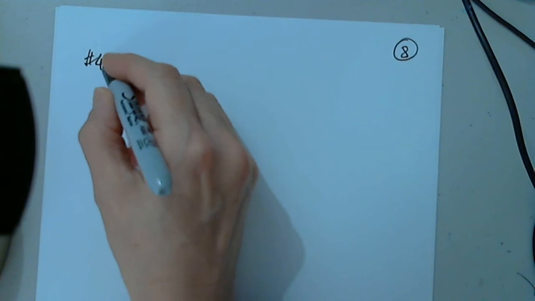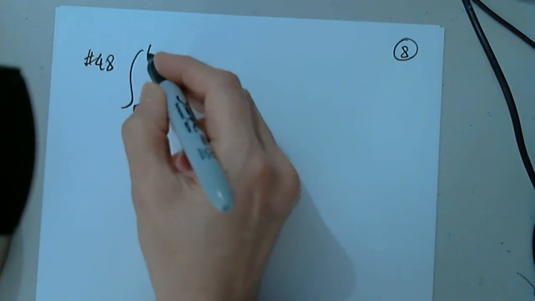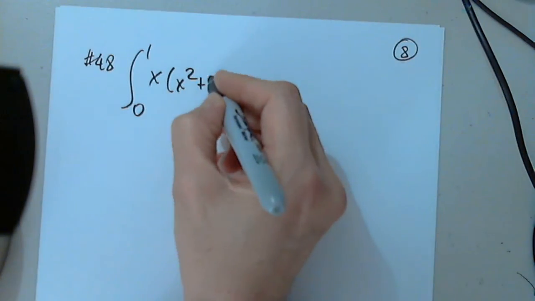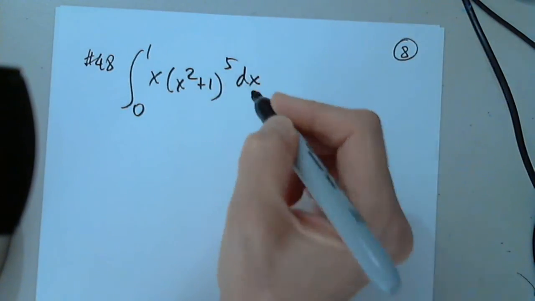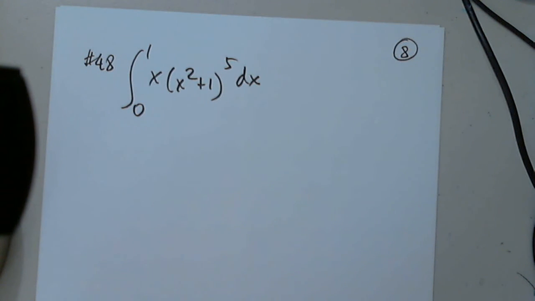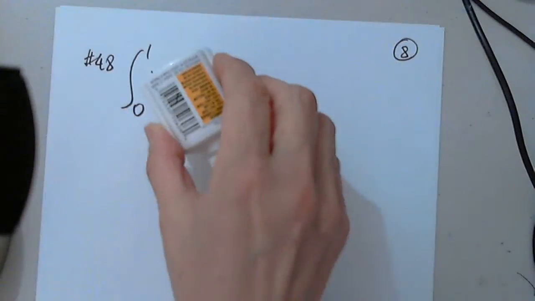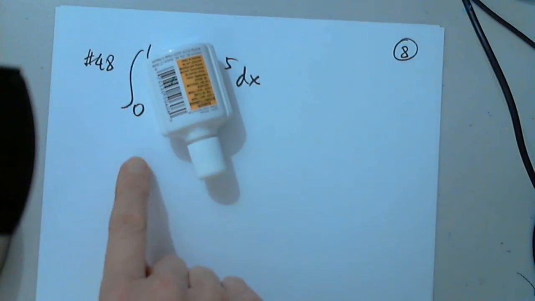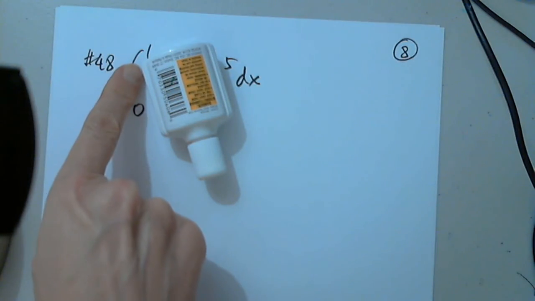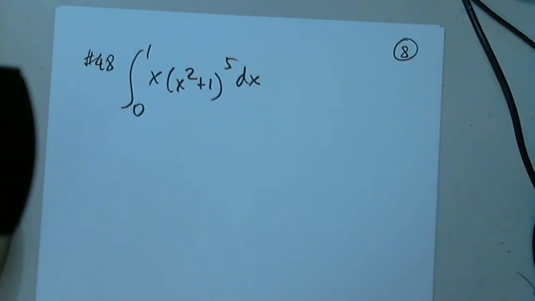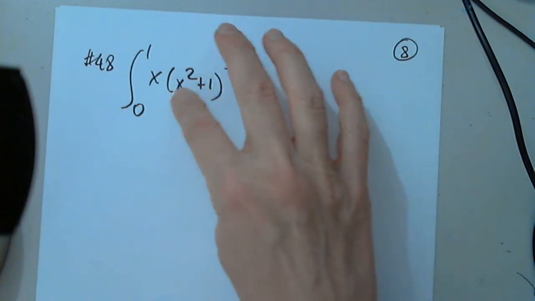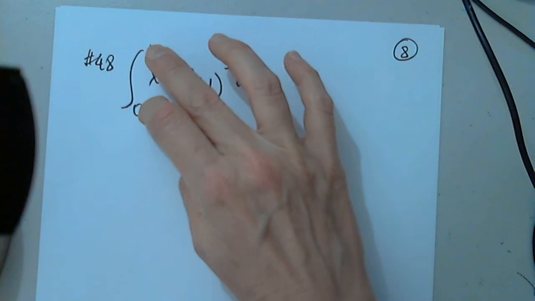Okay, let's say 48. The integral from 0 to 1, x squared plus 1 to the 5th dx. The very first thing that we need to check is whether this function is continuous on [0, 1]. That is the first step. Is this function defined and continuous on [0, 1]?